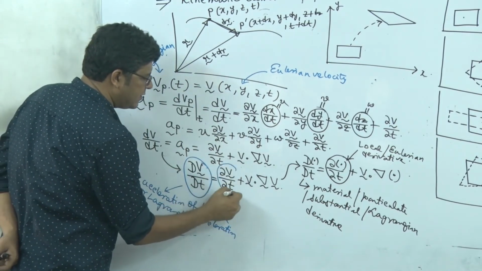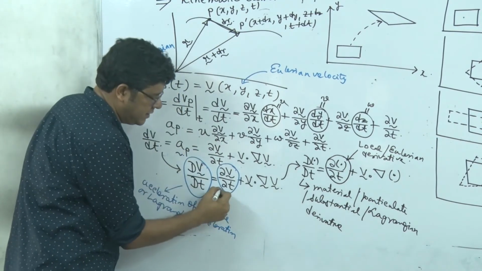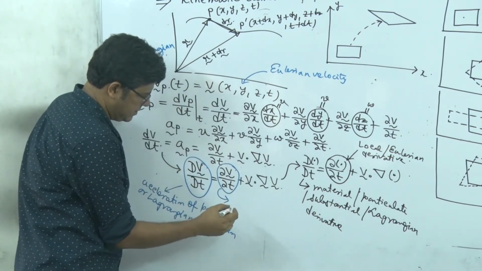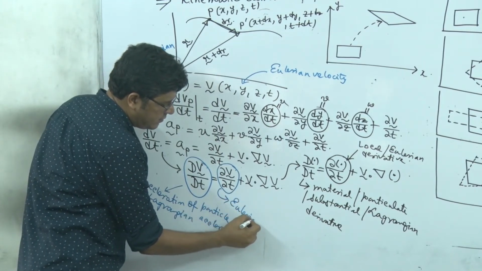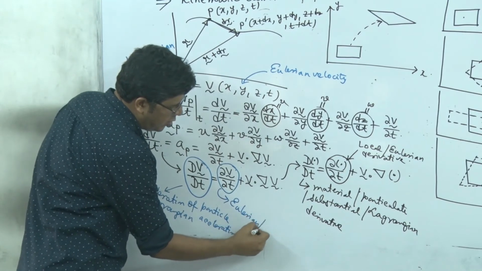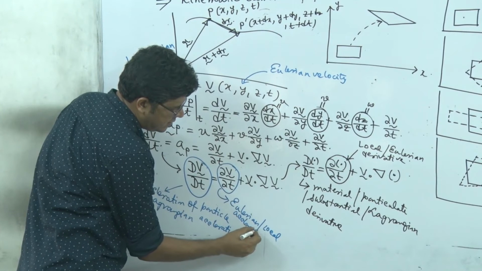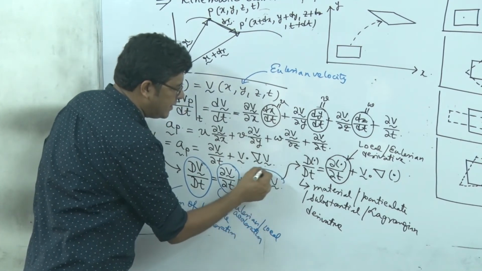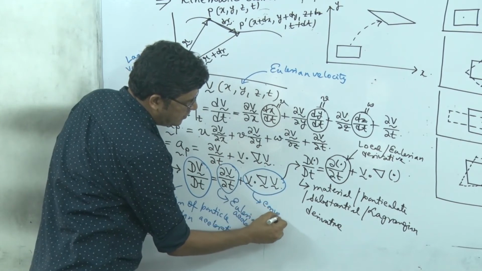This is local acceleration at a specific point, how the velocity is changing. So this is Eulerian acceleration, or local acceleration, and this term we have to understand in detail. It's called convective acceleration.